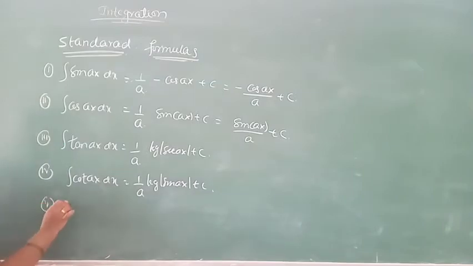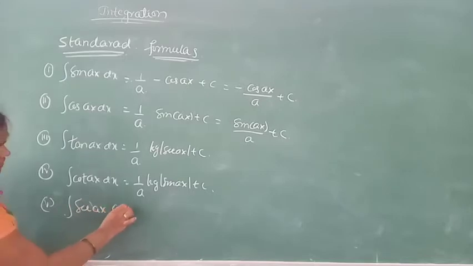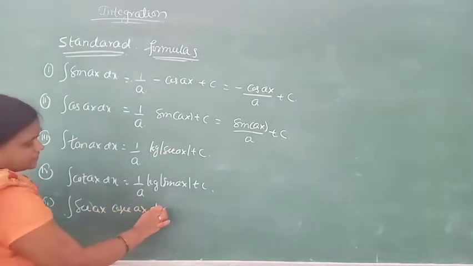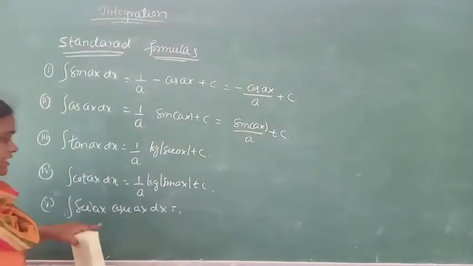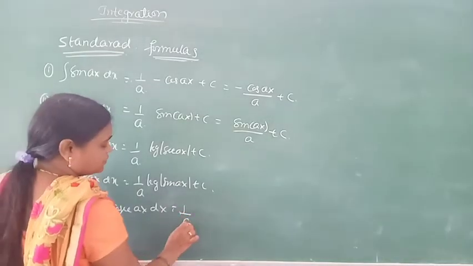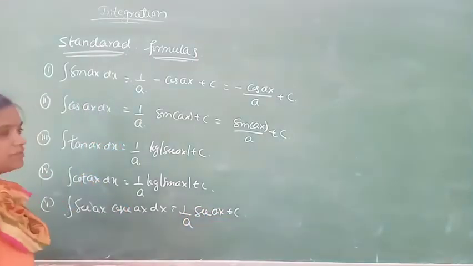Fifth one, integration of sec ax tan ax dx. We know the formula: integration of sec x tan x is sec x, but here the angle is multiplied by a, therefore we can write 1 by a sec ax plus c. Okay.